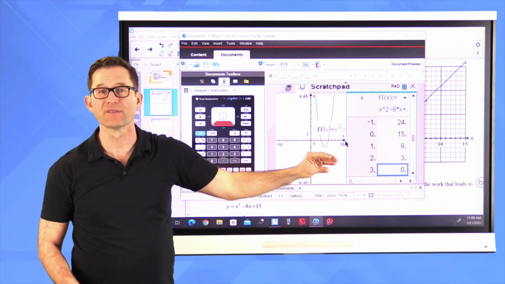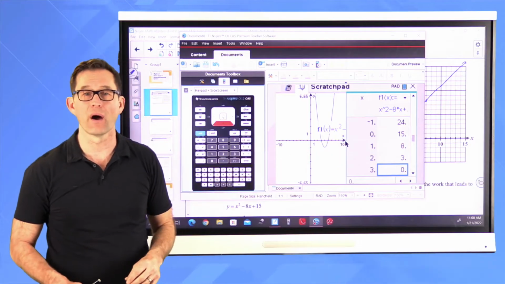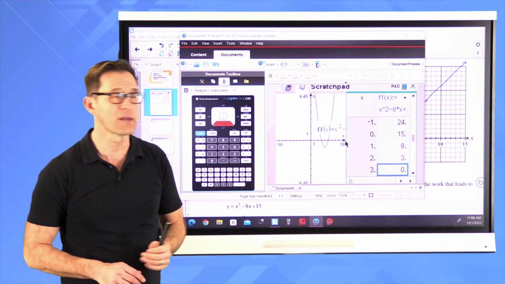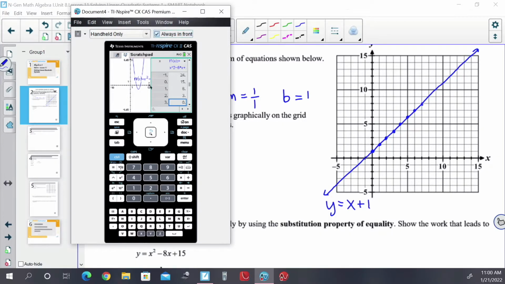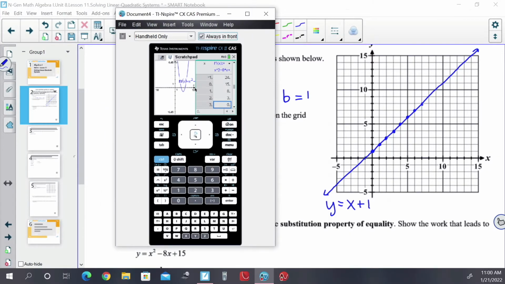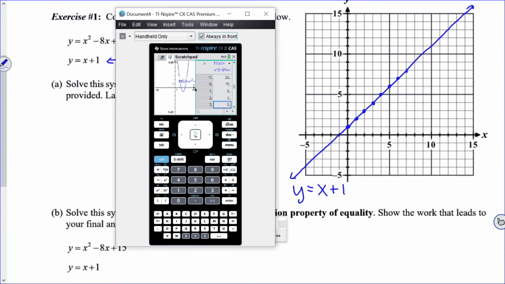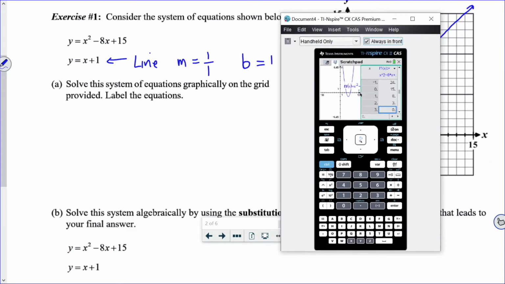So make sure that you've got this all down and understand what's going on, and you have your own table of values sitting there, because I'm going small now. All right, handheld only, always in front, view full screen. Here we go. I'm just going to put this over here for a moment so I can get my table of values. All right. Got x, y. What do I have?